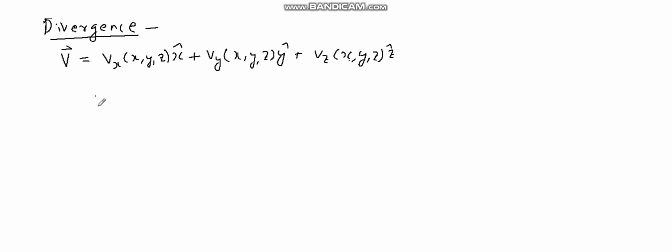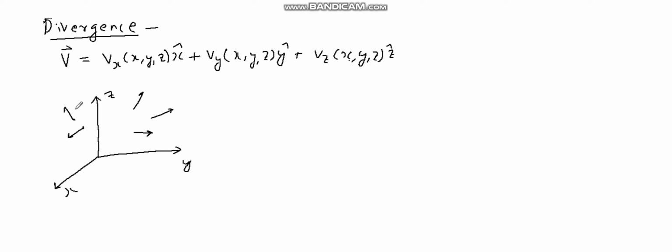So if we draw a coordinate system x, y and z, and we want to draw this vector field V, it will look like this. At different locations in space, or for different values of x, y and z, the vector field V would be different in magnitude and different in direction. Okay.